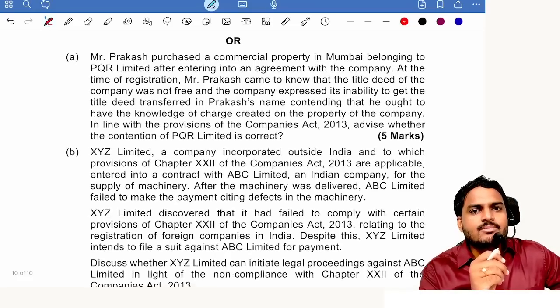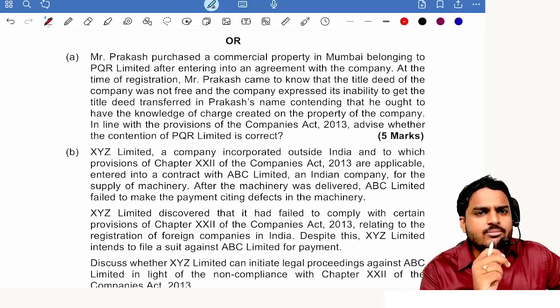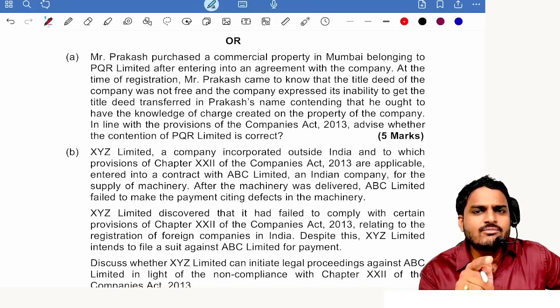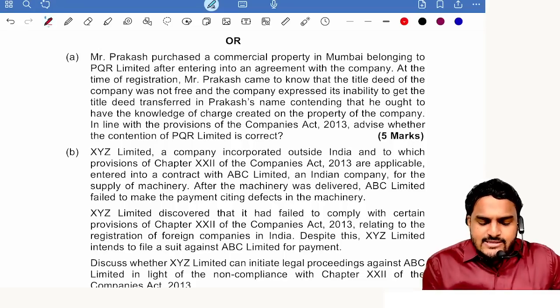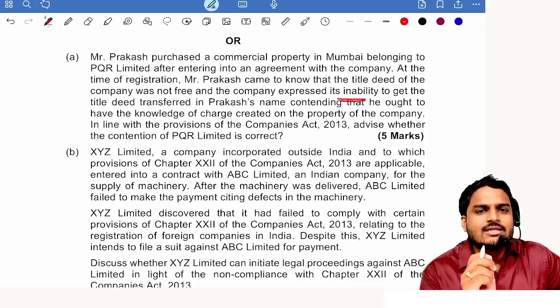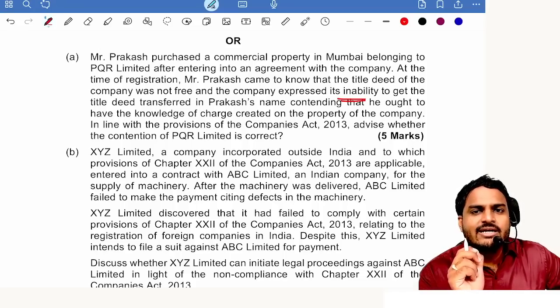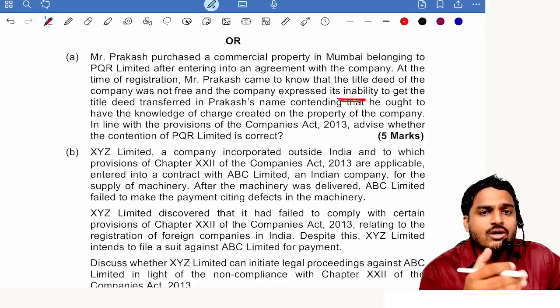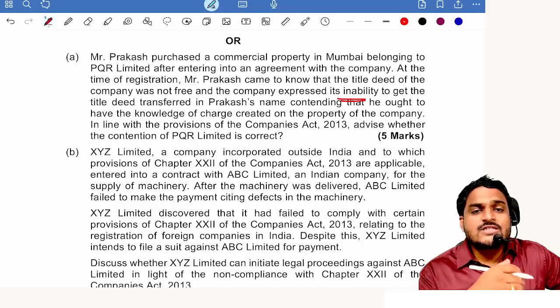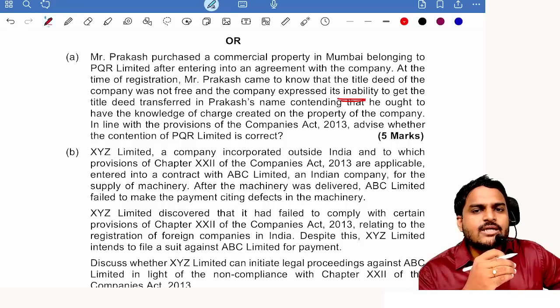Mr. Prakash purchased a commercial property in Mumbai belonging to PQR Limited after entering into an agreement with the company. At the time of registration, Prakash came to know title deed of company was not free, and company expressed its inability to get the title deed transferred in Prakash's name, contending that he ought to have knowledge of charges created on the property of company in line with the provisions of Companies Act 2013.